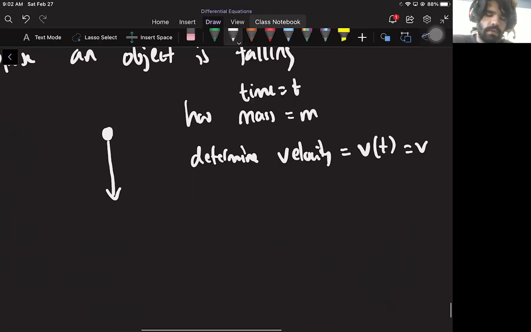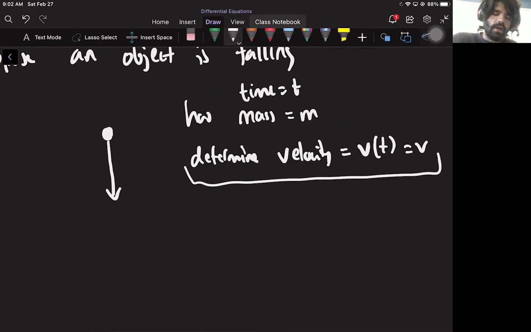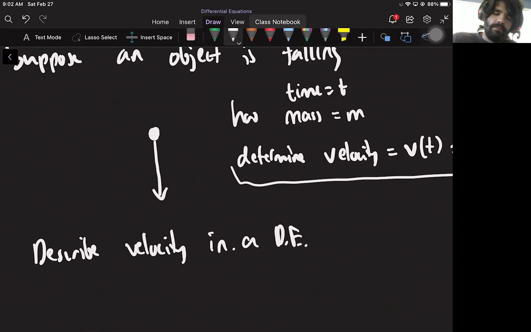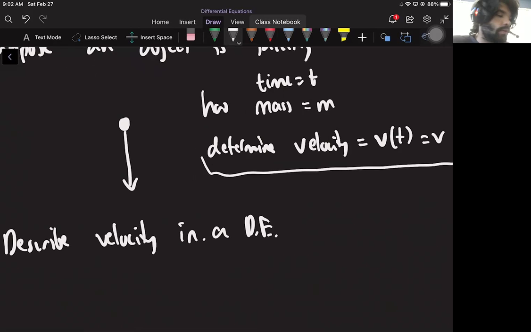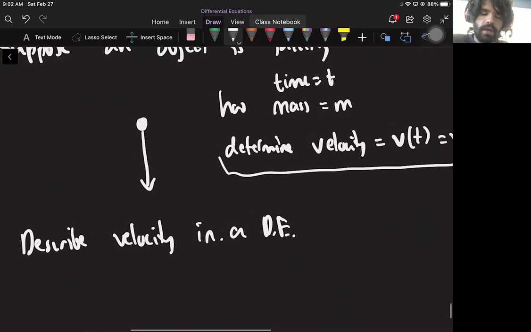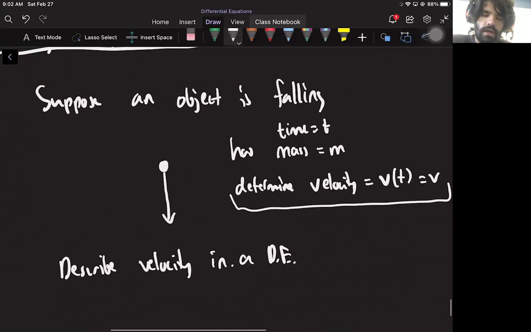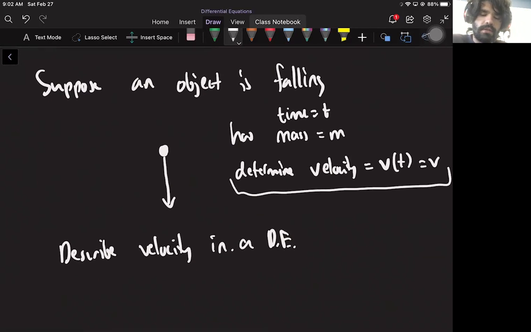And what do we want to do? We want to determine velocity. Well, what we're going to do is describe the velocity in a differential equation, and then we'll be able to solve for it. Okay, and in a physics class, you usually ignore air resistance if it's a basic physics class because you're not ready to handle it.